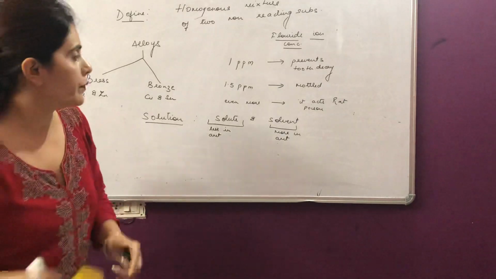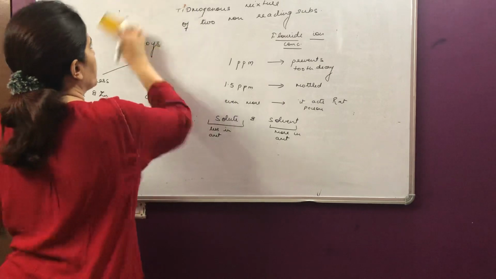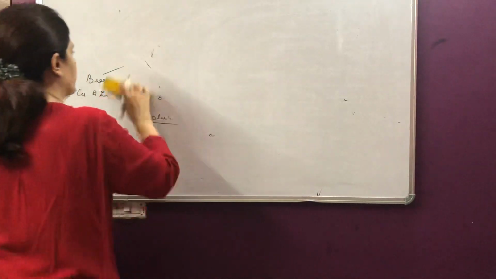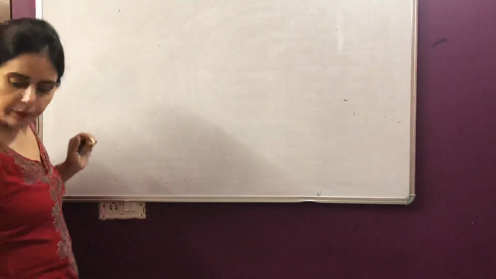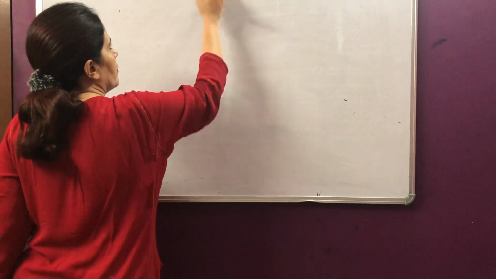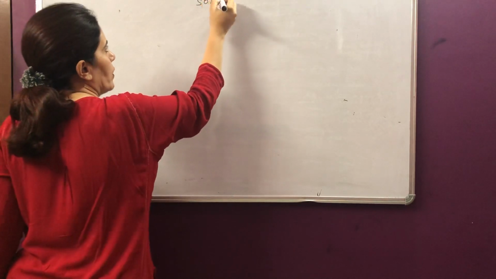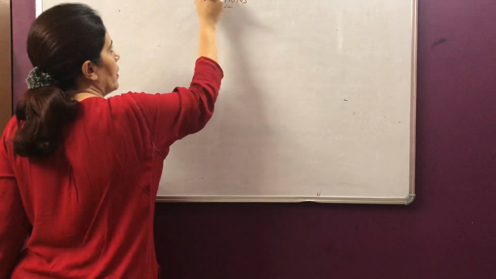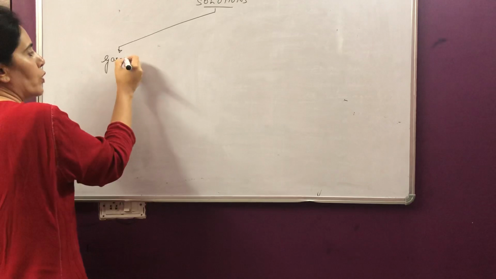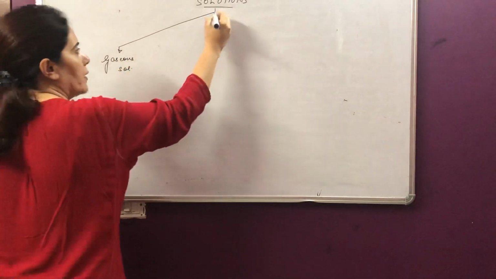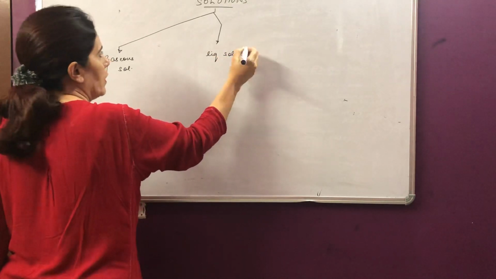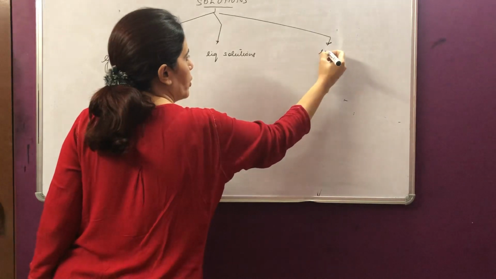So this is all about a premier thing about solutions. Now let us see how many types of solutions do we have. Types of solutions. So there are three major types of solutions. First is gaseous solution. Second is liquid solutions. Third is solid solutions.